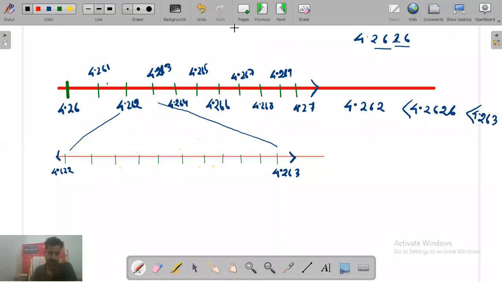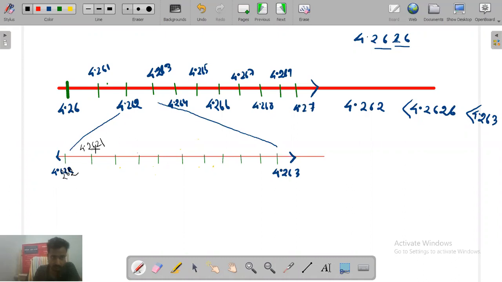Now see, if you divide 4.262 and 4.263 in 10 equal parts, then the first part will be 4.2621. Yes or no? Three digits are already there, 4.262.